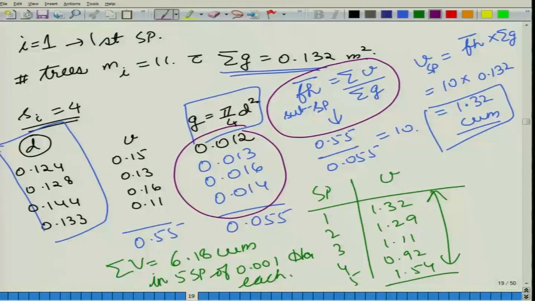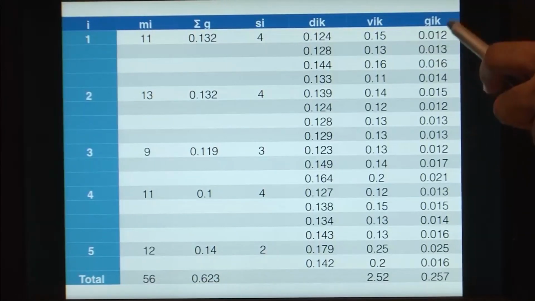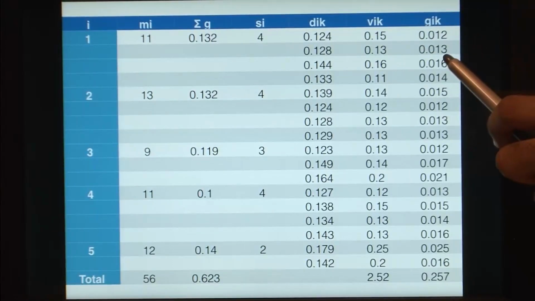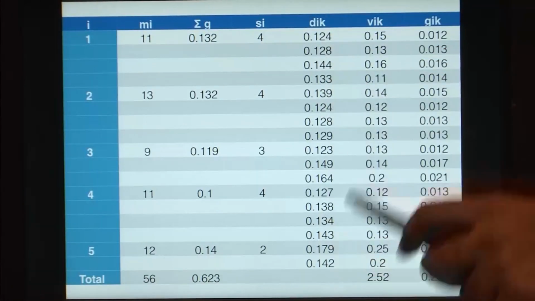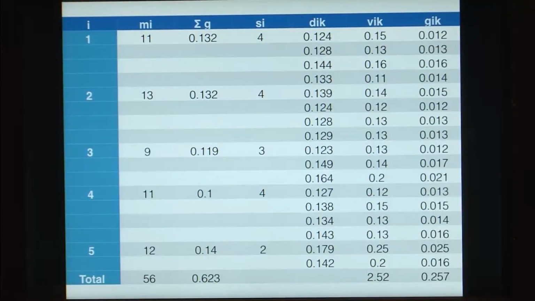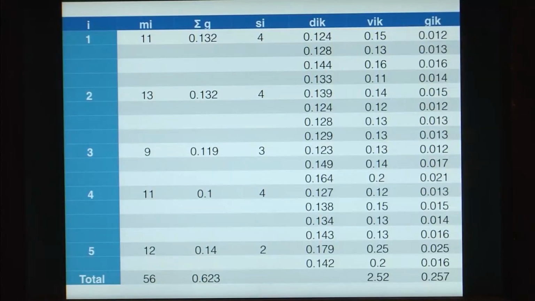Coming back to the slides, these are the values that we have written here. So, 12, 13, 16 and 14, and similarly we have done it for all the other trees as well. For all of these diameters we have computed the basal area. Now we are given the volumes of these trees and the basal areas of these trees.